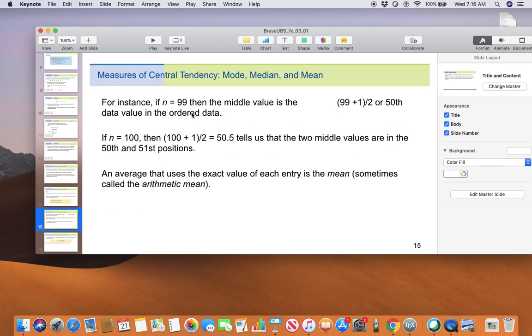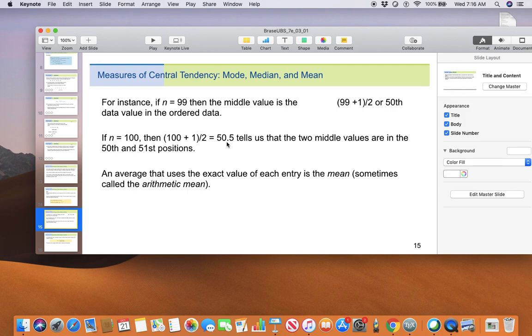So if you have 99 numbers, 99 plus 1 over 2, that is the 50th number, will give you the median. On the other hand, if you have 100, that is an even number of values, that's 50.5. That is, there is no 50 and a half location.